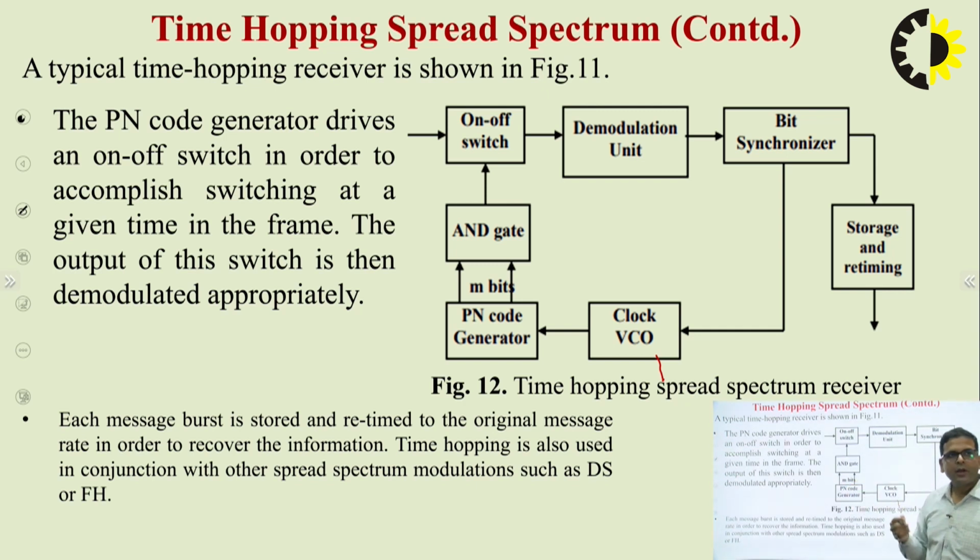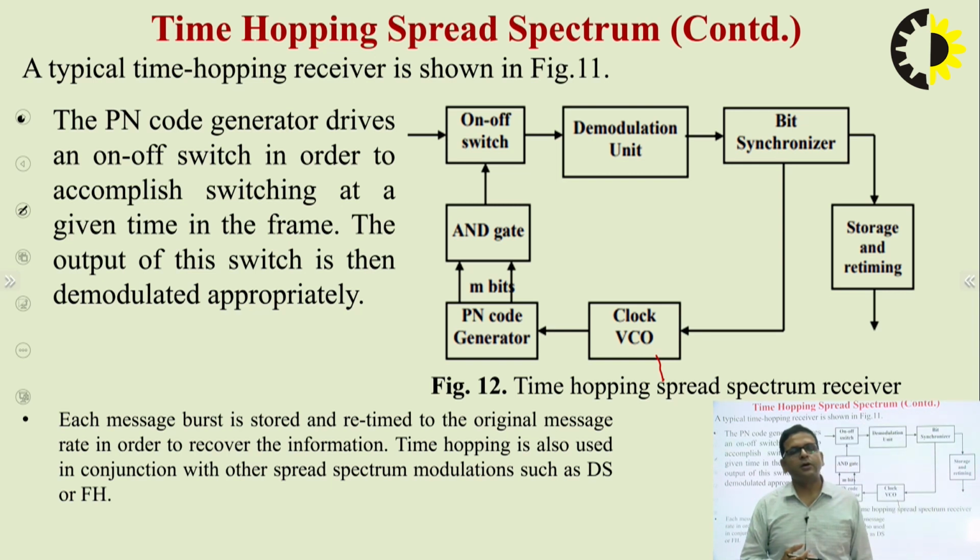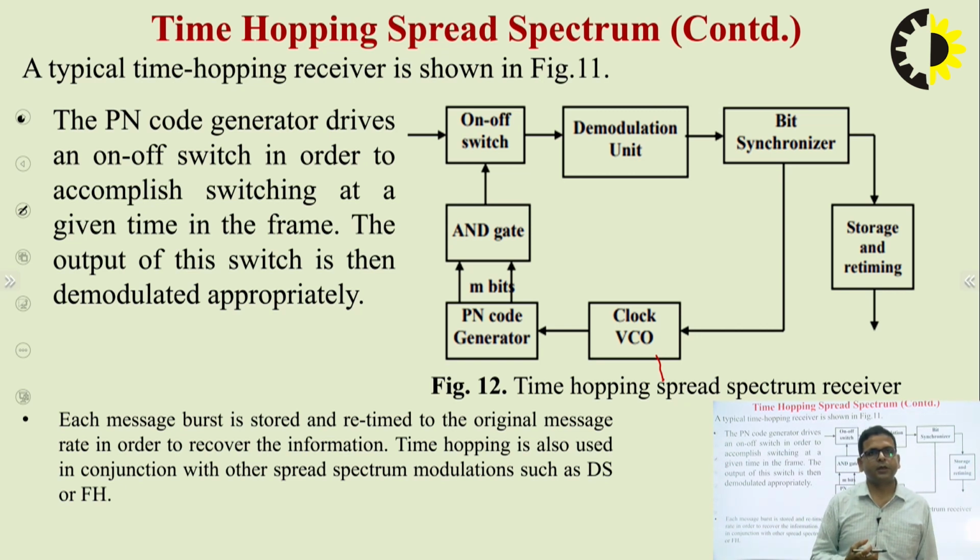And as we are using the time sequence, there is a provision for bit synchronization. To achieve this, we use a bit synchronizer, and storing and retiming devices are used for generating the original message signal from the transmitted signal.